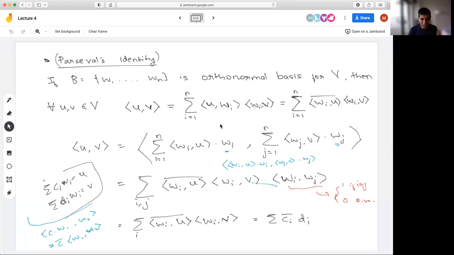And now to pull out these coefficients and just get an inner product of WI and WJ, I need the conjugate of this one, and this one I can just pull out directly. Right. So when I want to pull out these coefficients, let's call them C1 and C2, I get that I can write this inner product as C1 conjugate times C2 times the inner product of WI and WJ, right?